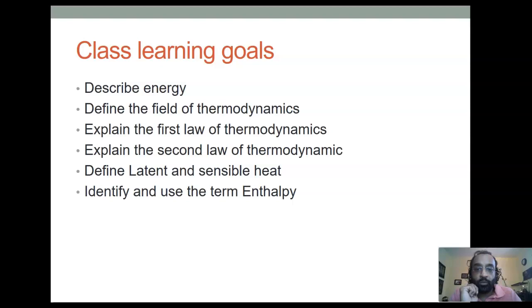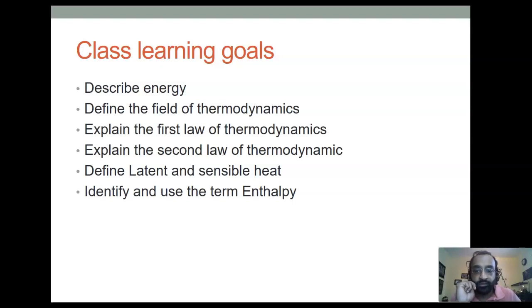I know the word thermodynamics can be a little bit involved and intimidating, but it's basically the branch of physics that describes and studies the heat relationship with movement and heat energy. Also explain the first law of thermodynamics, the second law of thermodynamics. They're very simple, probably you already know them. You're just putting them in physical form, again, using the physics language.